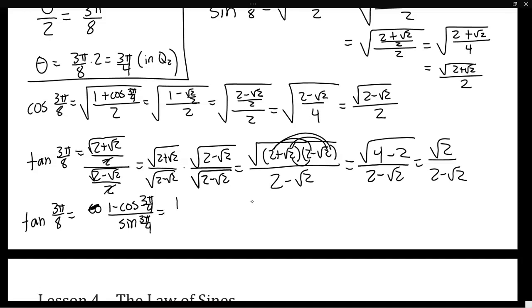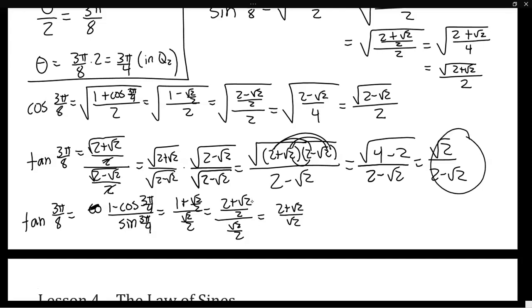So that would be 1 plus the square root of 2 over 2 divided by square root 2 over 2, which would be 2 plus root 2 all divided by 2, divided by the square root of 2 over 2, and that would be 2 plus root 2 over root 2. So if you rationalize this, you would get this, but just trust me when I say it's not worth the effort. So the simpler version is this. These are the same number. Believe it or not, they are the same value.